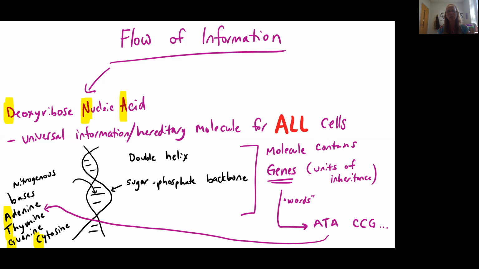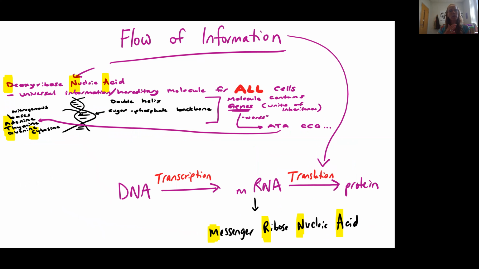And this is how the cell then is going to read across the DNA molecule, use that information in order to construct the proteins that are necessary for that cell. This whole process of using the DNA molecule to make a protein has 2 key steps. So we're going to see that the first process is called transcription. Transcription is going to start with the DNA molecule. You'll use that to convert it into what's called mRNA, and the lowercase m, capital R, capital N, capital A, stands for messenger RNA, or messenger ribose nucleic acid.